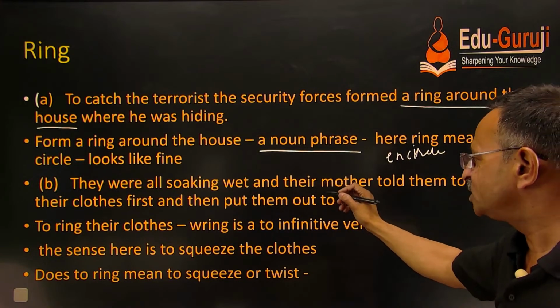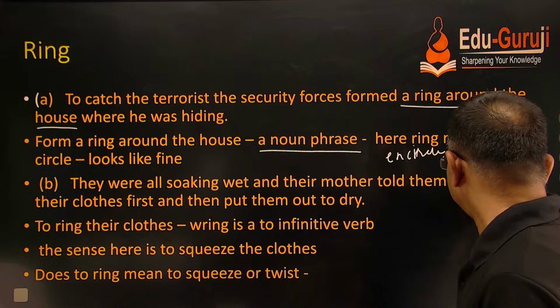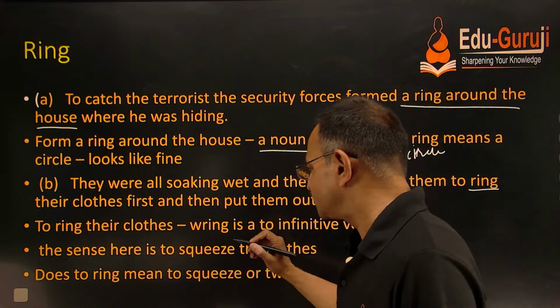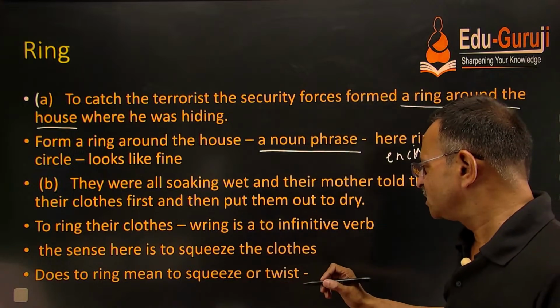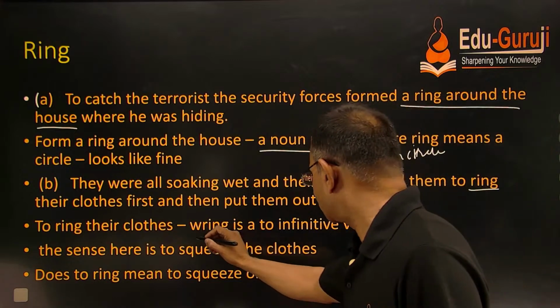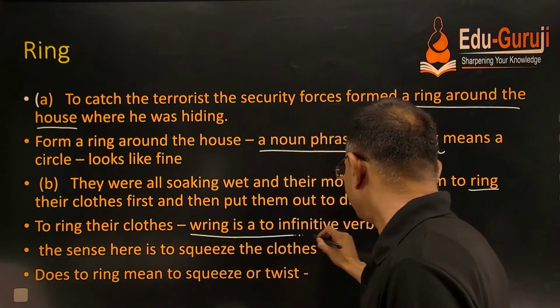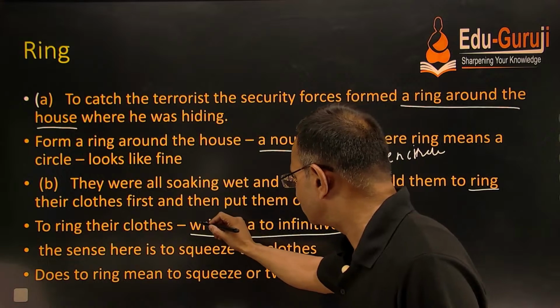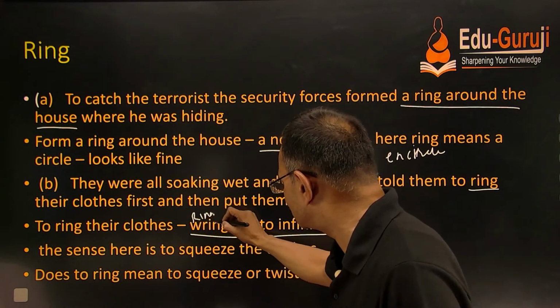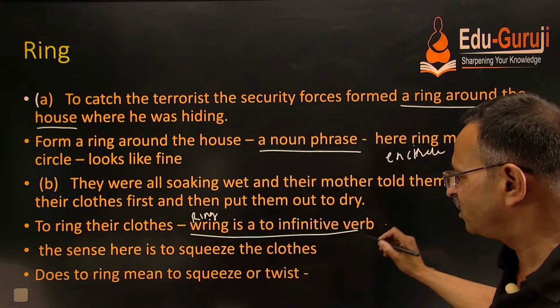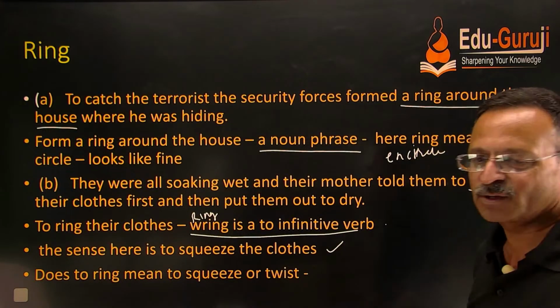They were all soaking wet and their mother told them to wring their clothes first. To wring their clothes, I think wring is a to-infinitive verb here. The sense here is to squeeze the clothes.